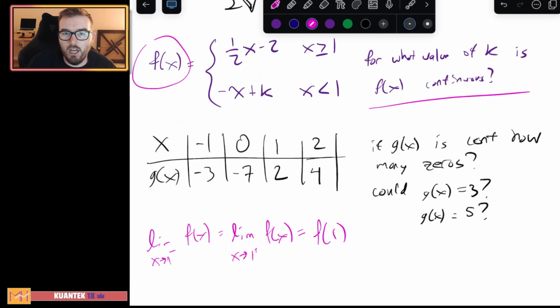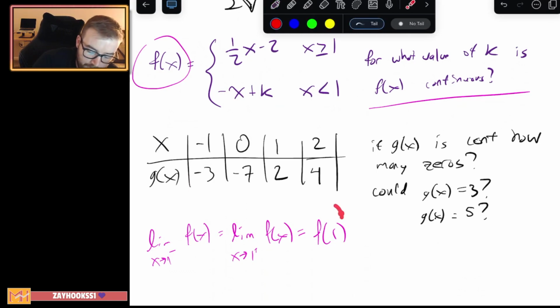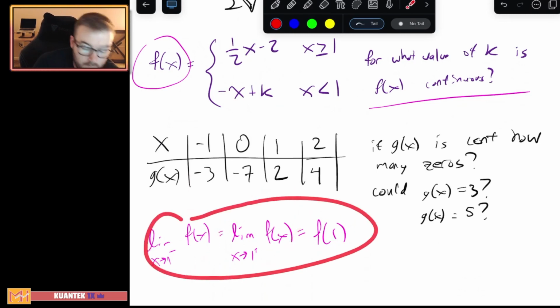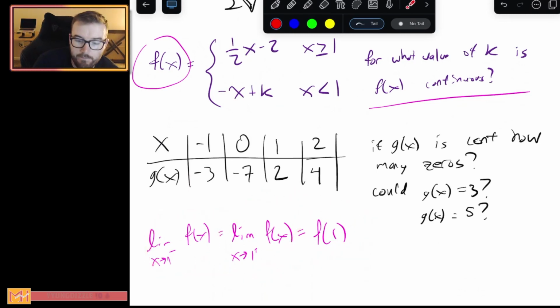The summary of continuity was the limit needs to exist, the function needs to be defined, and both of those things need to be the same, equal. And that's what I'm writing here. The function is defined at 1, the left-hand limit and the right-hand limit exist, but even more so, all three are the same. We need to make that true.